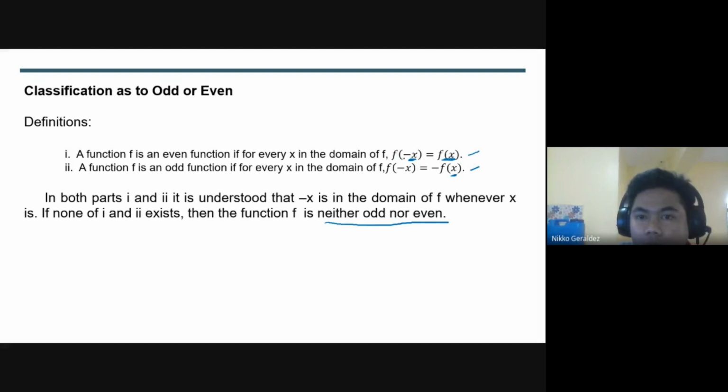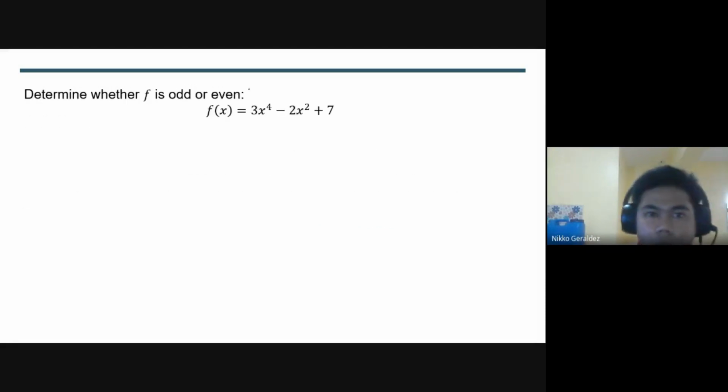Tandaan natin itong definition na to. F of negative x equal to f of x, even function. F of negative x equal to negative f of x, odd function. Halimbawa, f of x equal to 3x raised to 4 minus 2x squared plus 7.